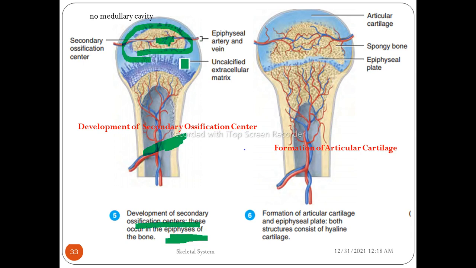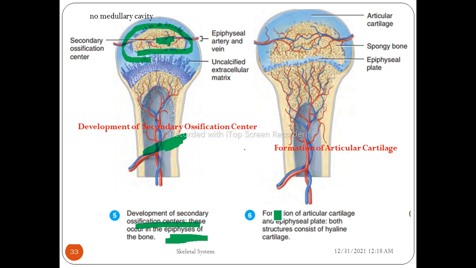One reason for this is the entering of blood vessels, just like these blood vessels. So the secondary ossification center is formed here. Secondary ossification is important to produce sponge bone here.